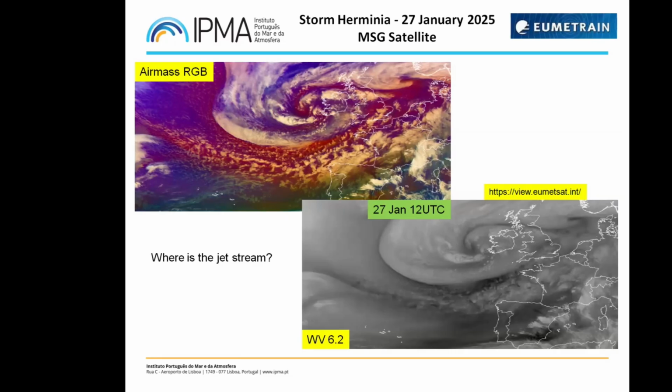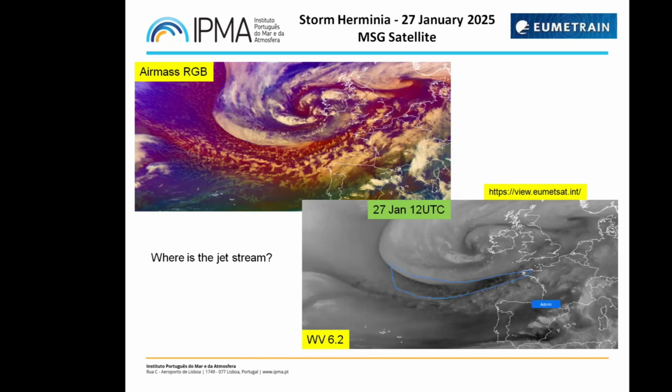So here you can see a different pattern in the satellite images from the ones observed for the same RGB and channels in Storm Eowyn. Let's try again. See if you can point out where the jet stream is located on these images. The jet stream region is very well defined in these images.